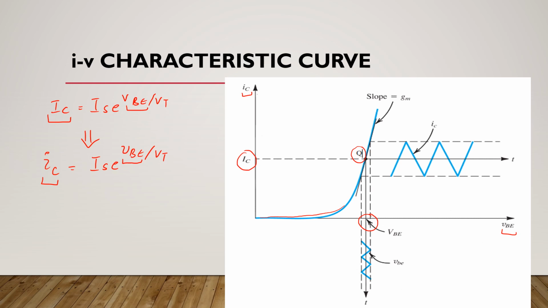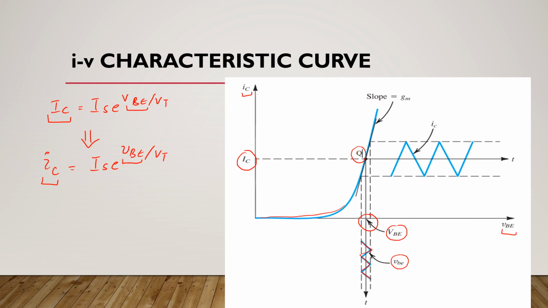Now, as you can see here, this small signal base to emitter voltage is superimposed on this DC voltage, and it is represented by this triangular waveform.